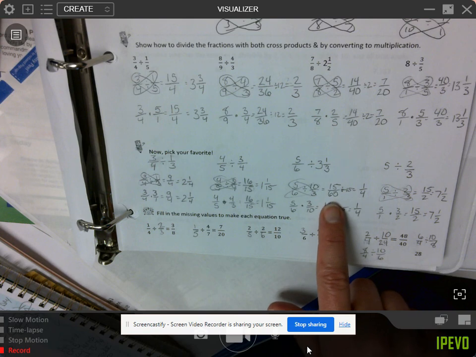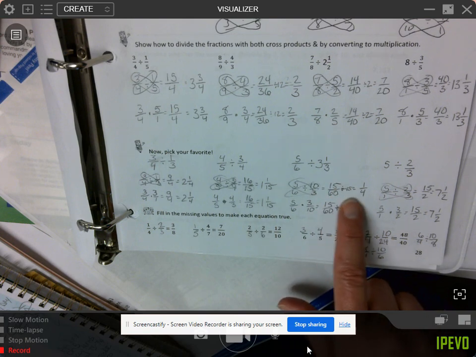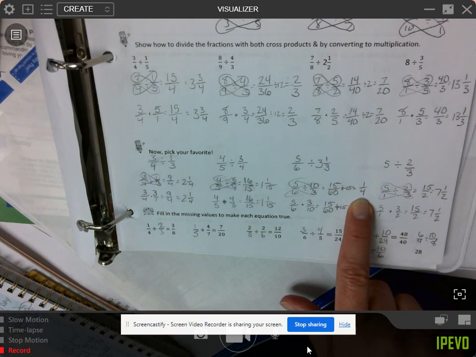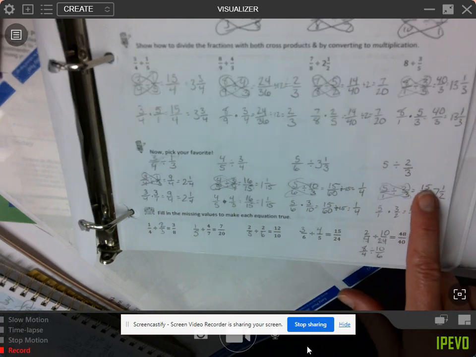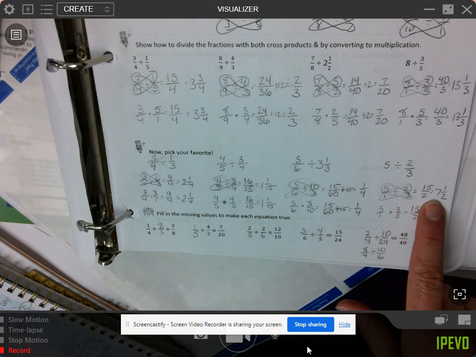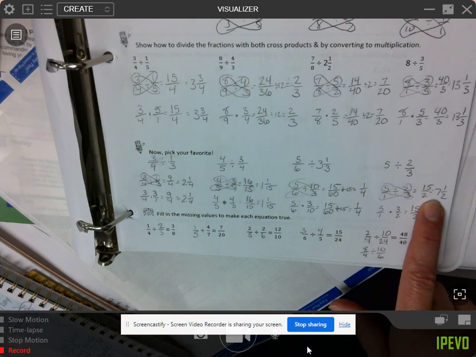Then we have 15/60. You have to simplify it down to 1/4. And then we have 15/2 or 7 1/2. Any questions on any of those? If you got a different answer, you need to know why it's different, where we went wrong.